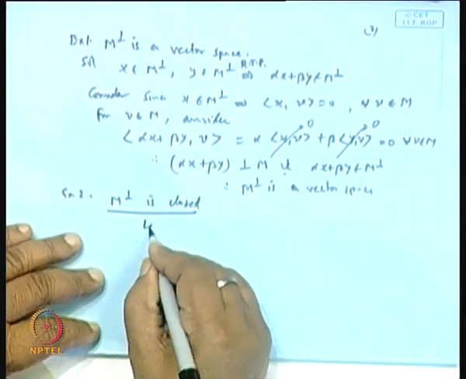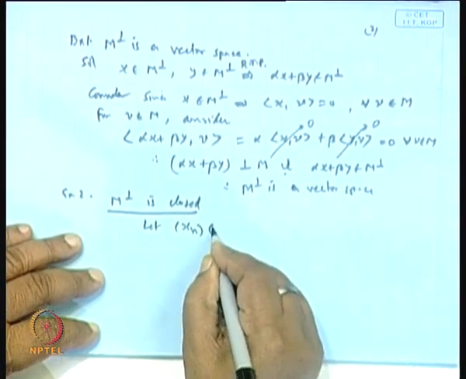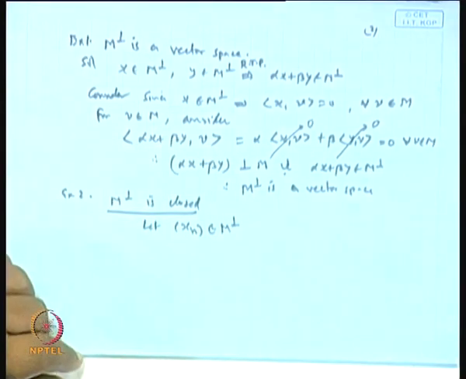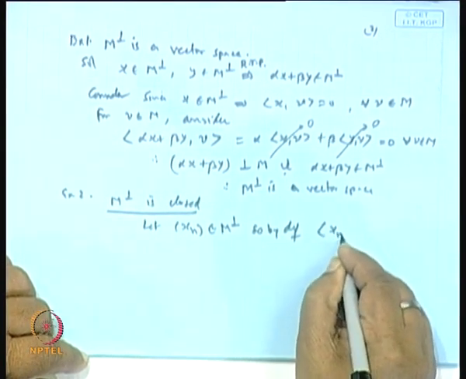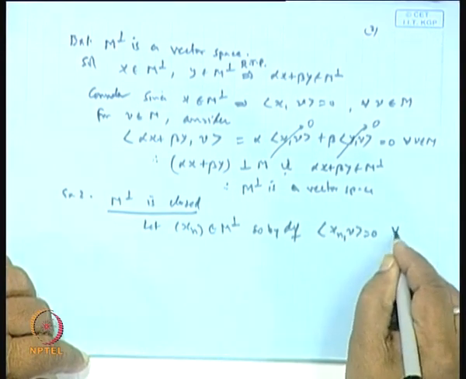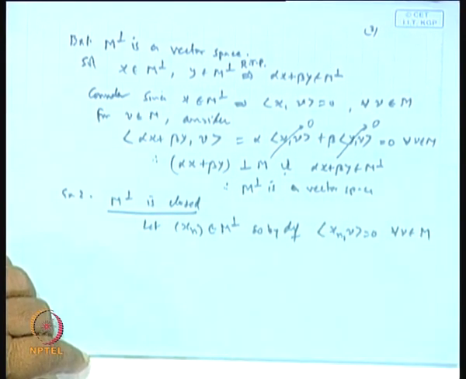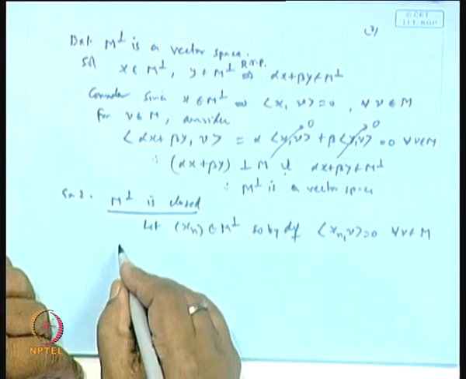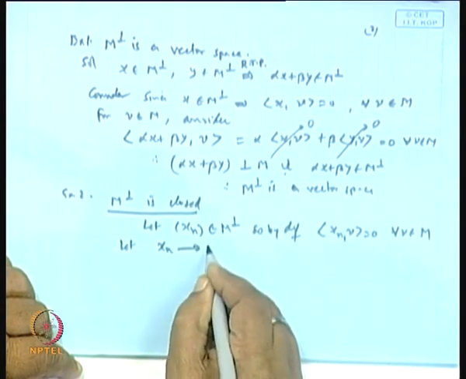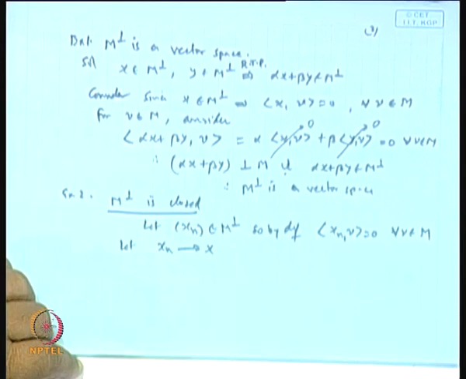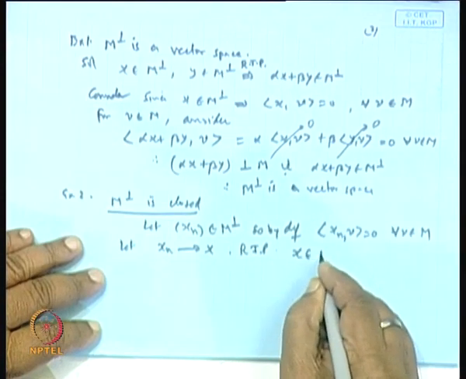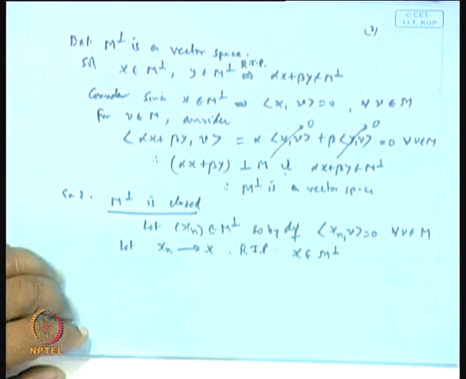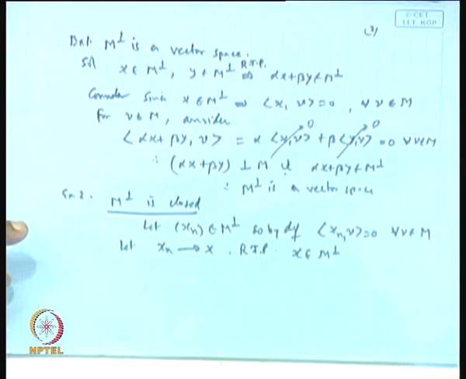So, let us start, let x n be a sequence of points belonging to M perpendicular. So, by definition the inner product of x n and v is 0 for every v belongs to M. Let us suppose x n converges to x, in the inner product space. Then it is required to prove that x must be a point of M perpendicular, that is, the inner product of x and v must be 0.